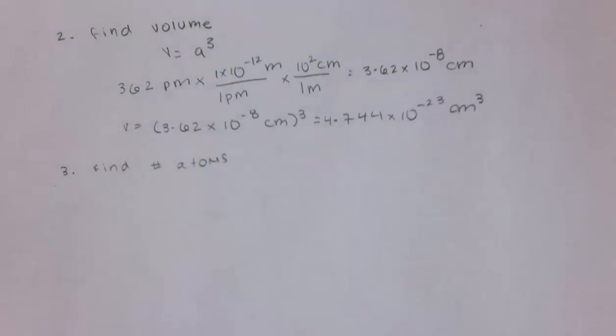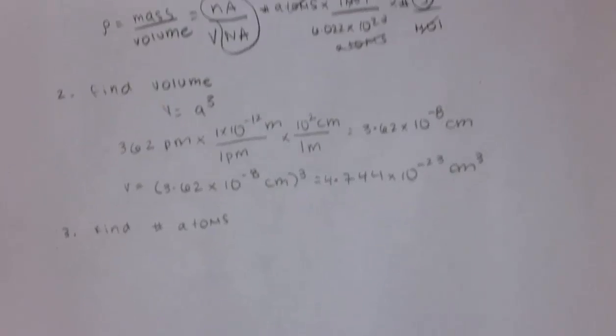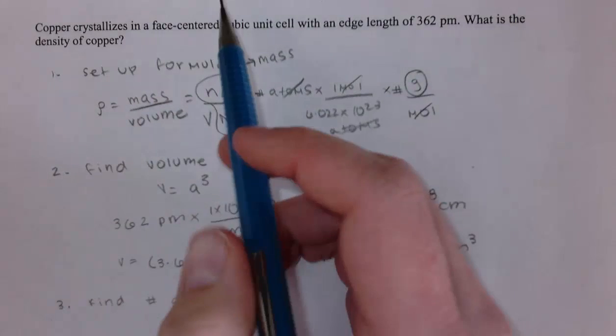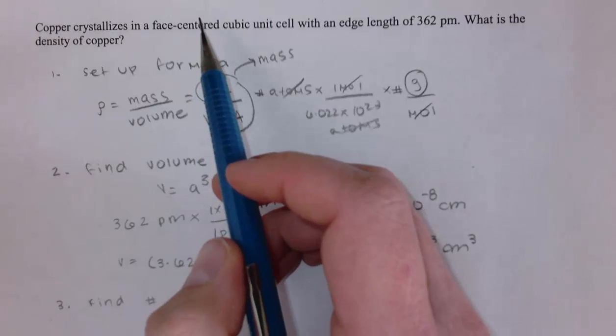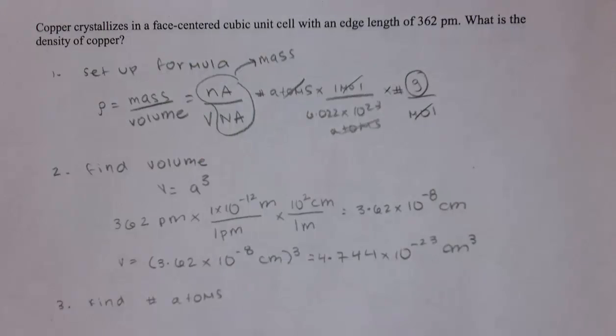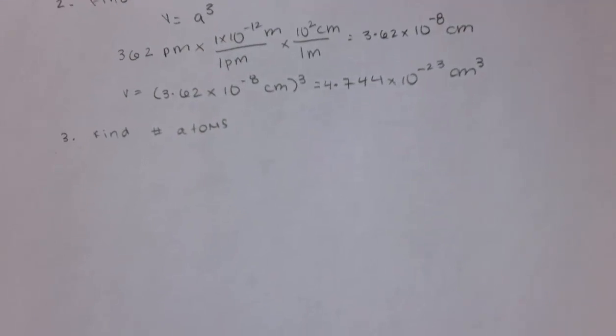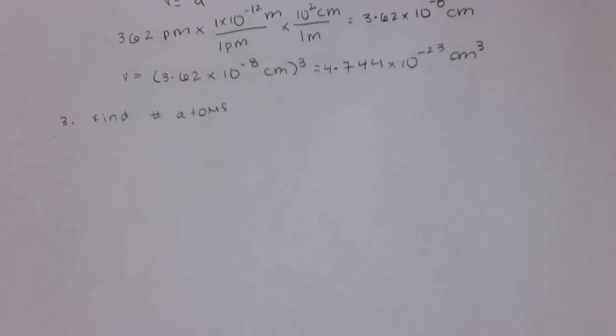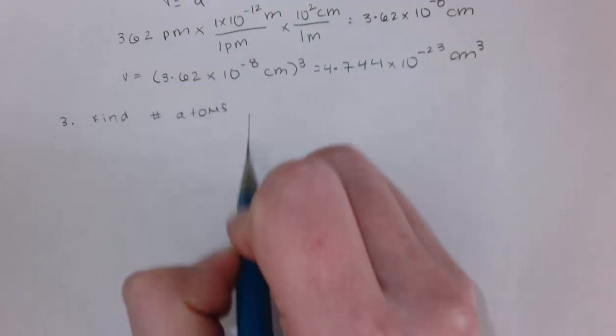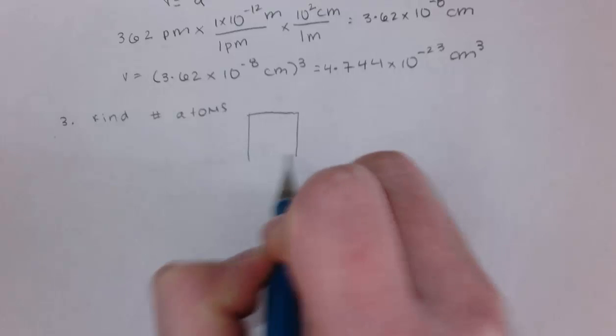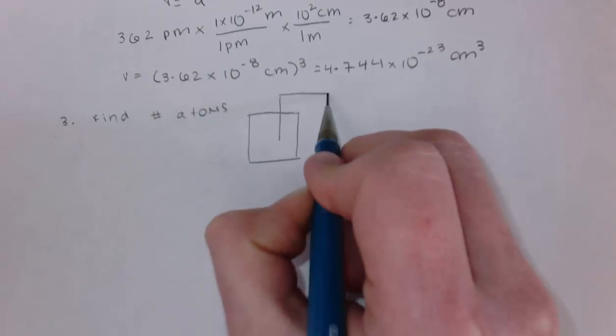And the number of atoms in a cubic unit cell is based on the type of unit cell. So in our case, we're given that this is a face-centered cubic unit cell. It can be face-centered, body-centered, or simple cubic. So that will tell us information about the number of atoms. And I'm going to attempt to draw this to show you, although I'm not a good artist.